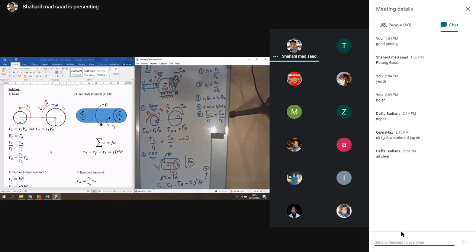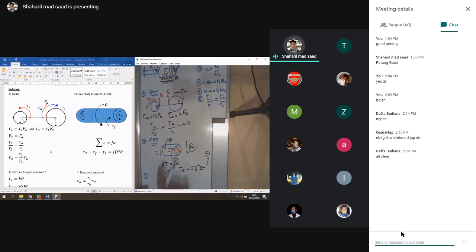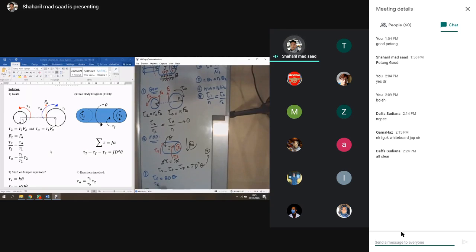Then the other components. Look at the friction: you have TF equals B d theta. And then you have the shaft TS. One end is free and one is rigid, so you will have K theta.